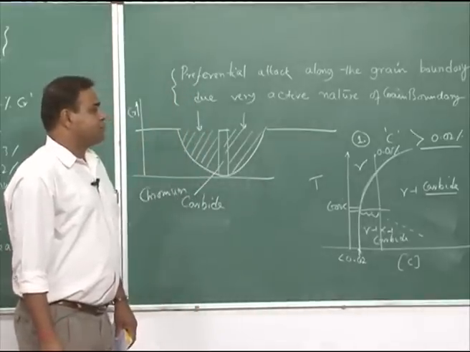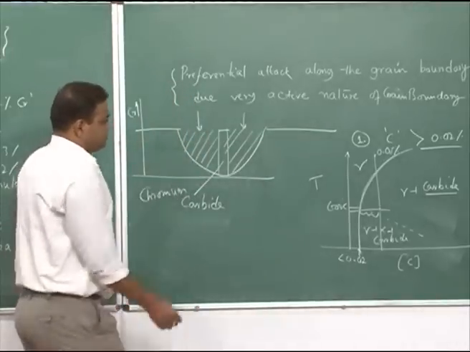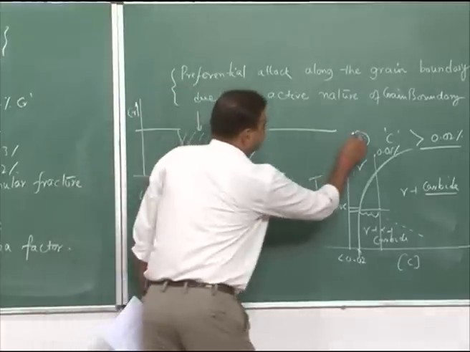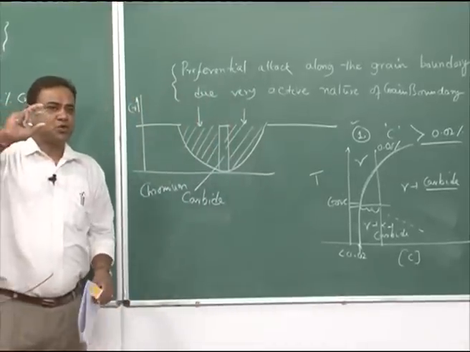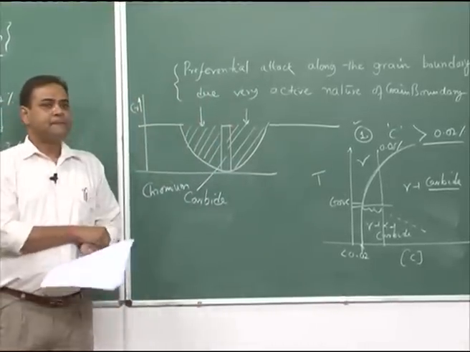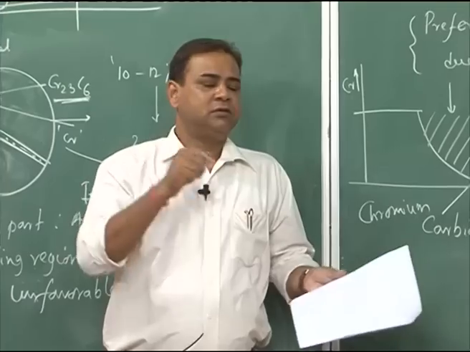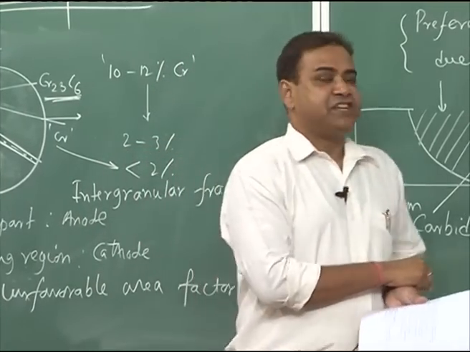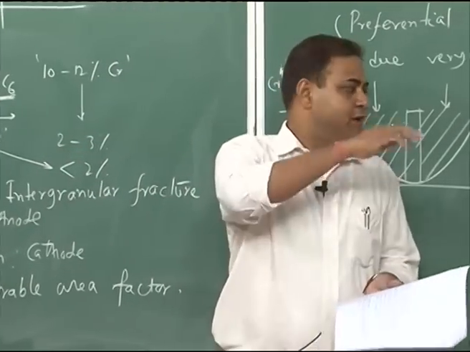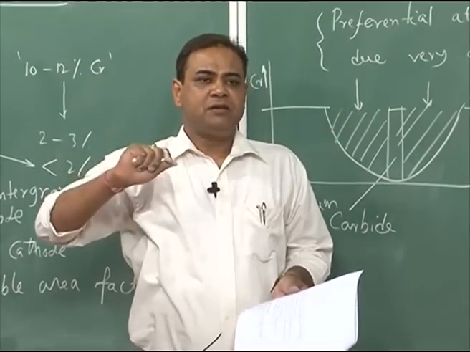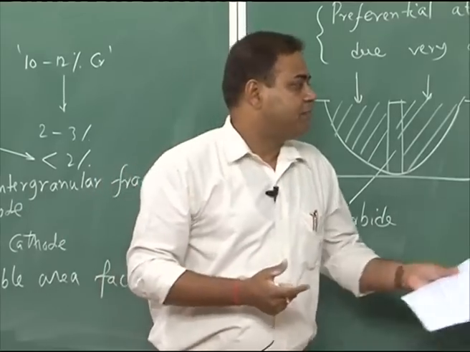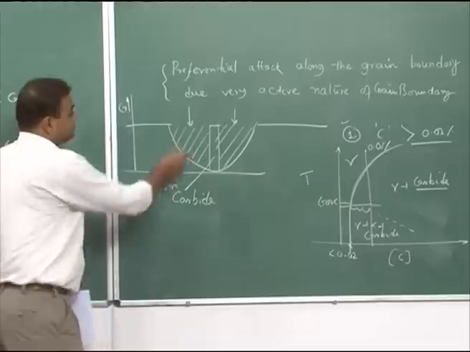Now, condition number 2: the temperature zone where we have long aging. If at a particular temperature zone we have long time aging, we can have chromium carbide formation along the grain boundary.